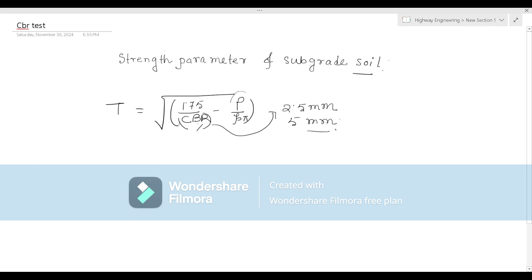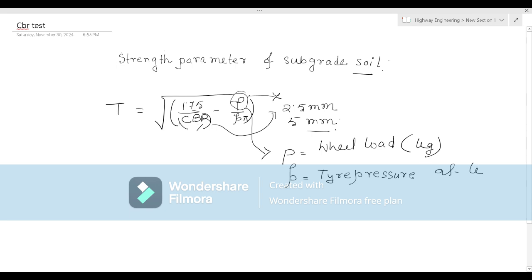And what is P here? P is the wheel load in kg, and p is the tire pressure in kg per centimeter square.